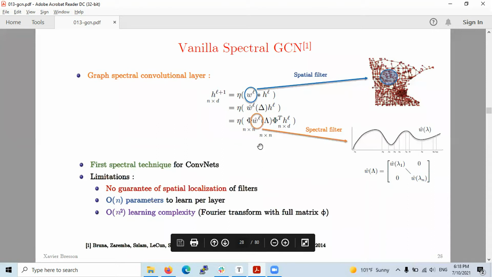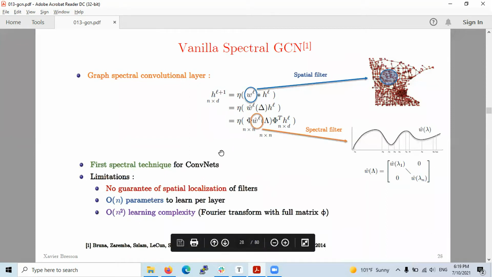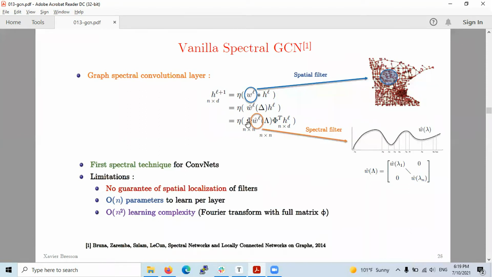So this is one limitation of this kind of vanilla spectral GCN, wherein without any modification we start applying the Fourier transform immediately. On the other hand, going forward, we also have to do a Fourier transform because the factorization is being done.